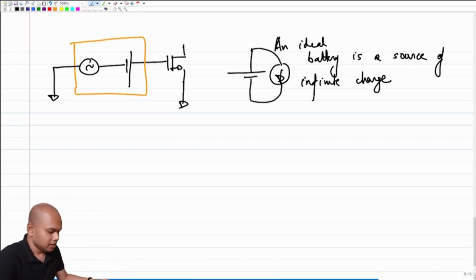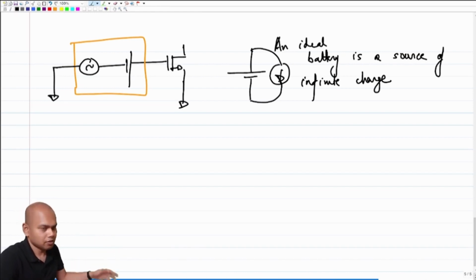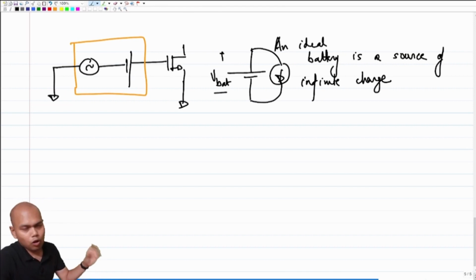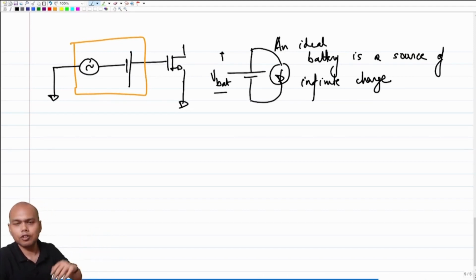So even if I keep on drawing charges out of the battery for an infinite amount of time, the battery will still hold a value of whatever it was supposed to hold, which essentially means that the voltage across the element hasn't really changed, even though you have been drawing charges out of it for an indefinite amount of time, right?